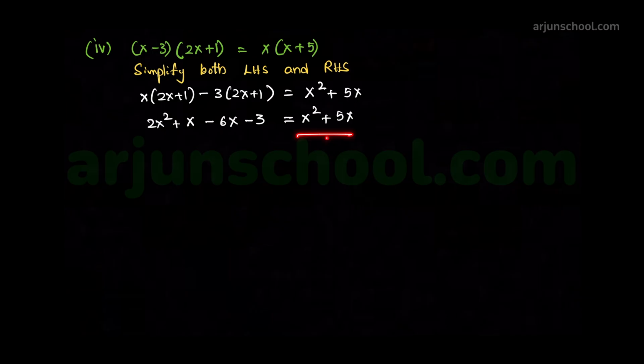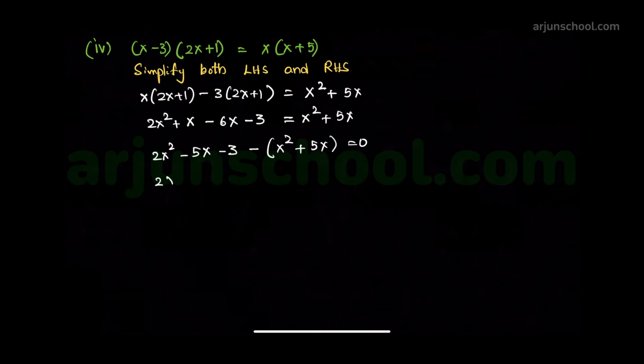Now bring RHS to the LHS side. 2x square, x minus 6x becomes minus 5x, minus 3 is as is, and when we bring RHS to the LHS it becomes minus of x square plus 5x is equal to 0. Now let us remove the parenthesis and give the negative sign to the inner terms. 2x square minus 5x minus 3, minus of x square is minus x square, minus of 5x is minus 5x, is equal to 0.